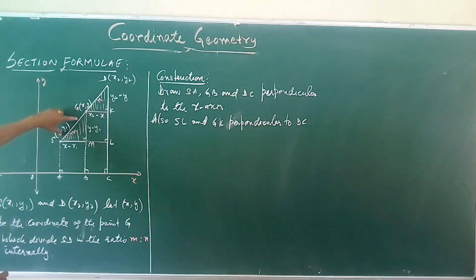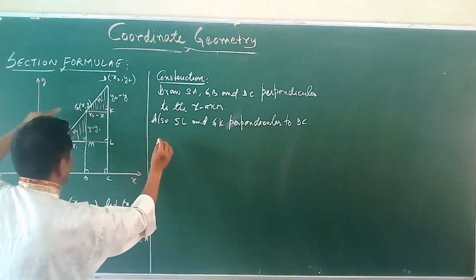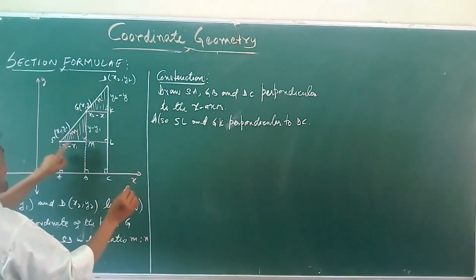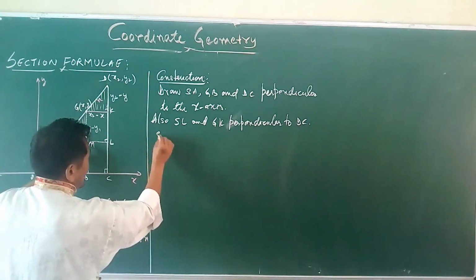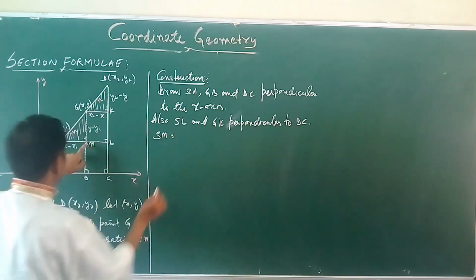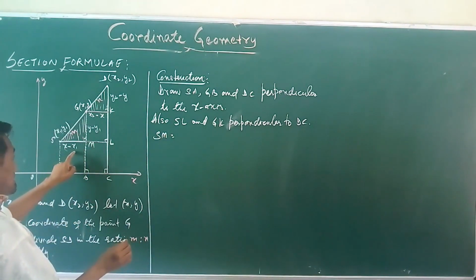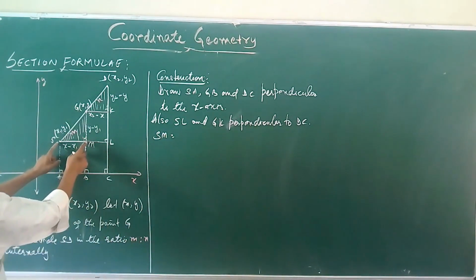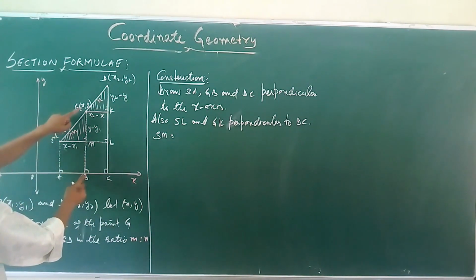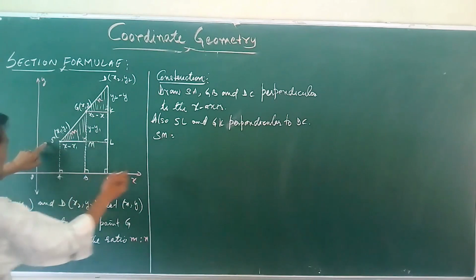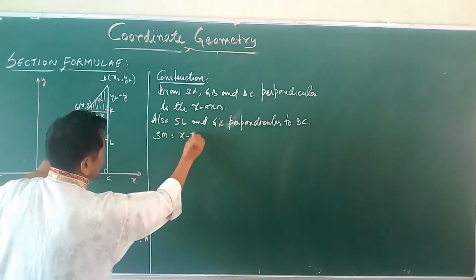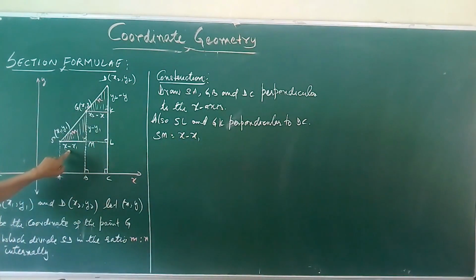And then the ratio was M, then N. Then the correct section formula: SM is equal to the ratio. The extra X, X minus x1, is the length.